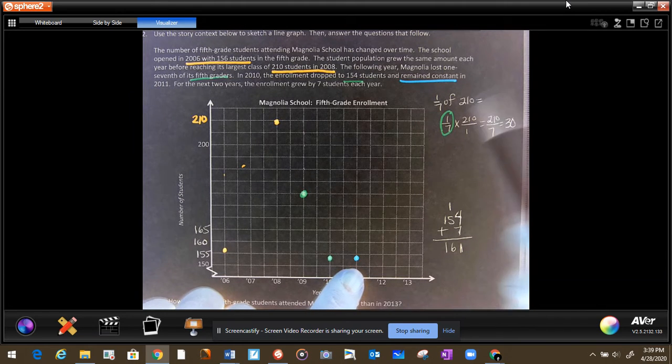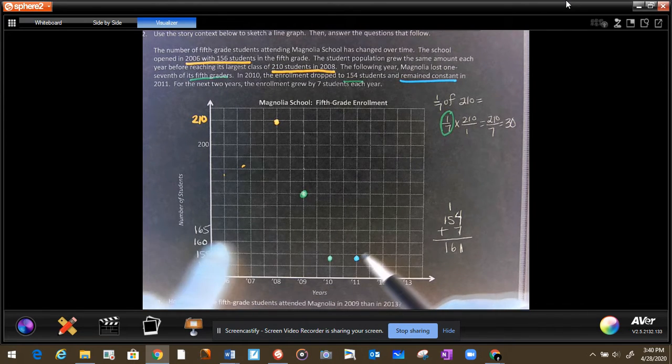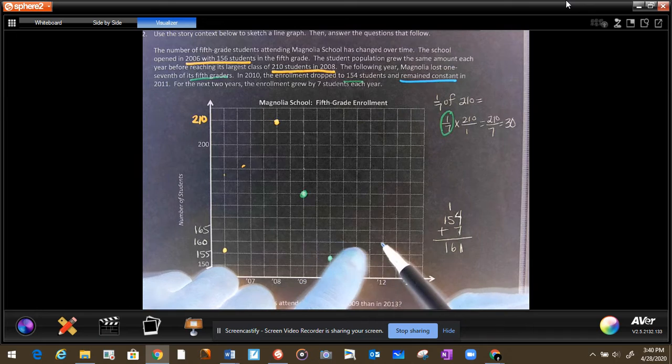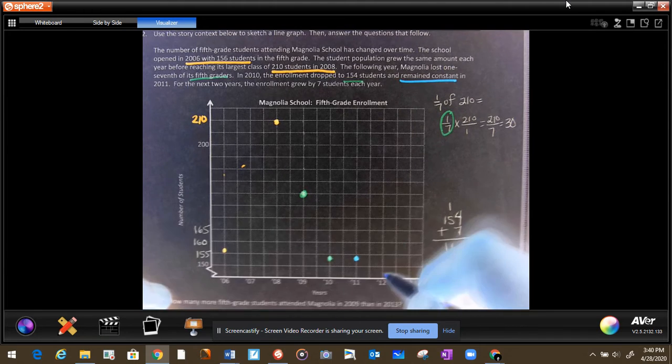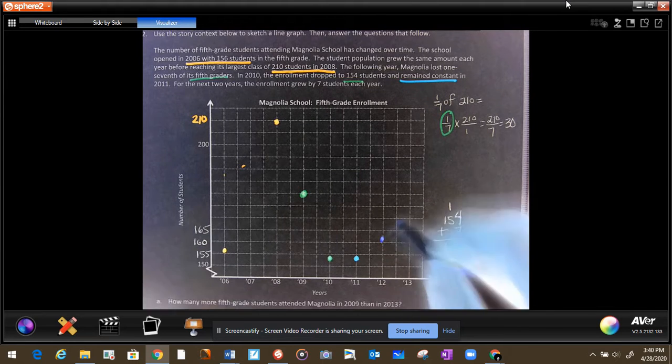So we're going to find 2012 and 161. This is 160, so it's going to be a little bit higher than 160 because this is 161.